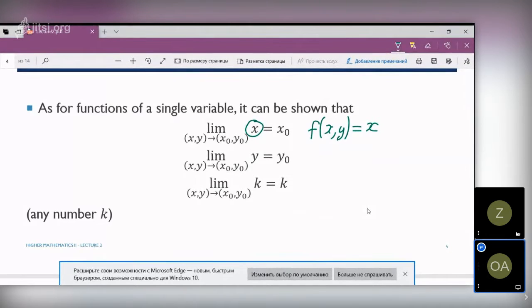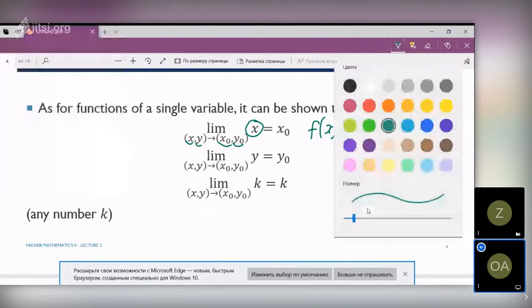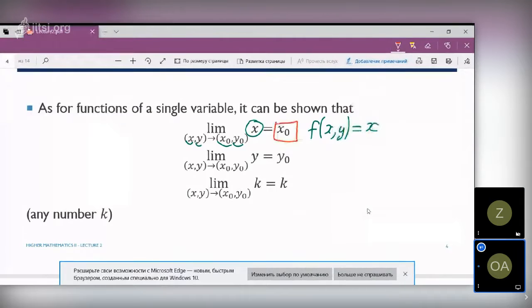We don't have y. So we put x0 instead of x, and y0 instead of y. I just have x here. Instead of x, I put x0. So I got the answer x0.